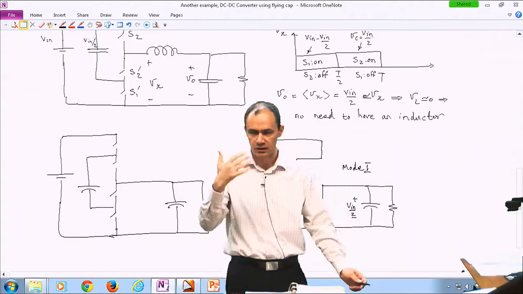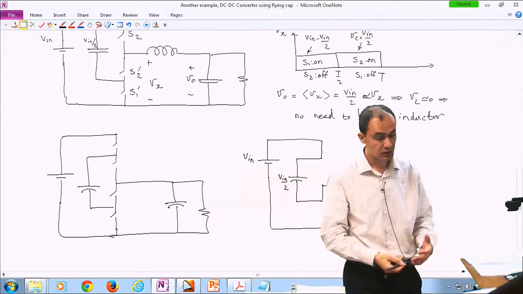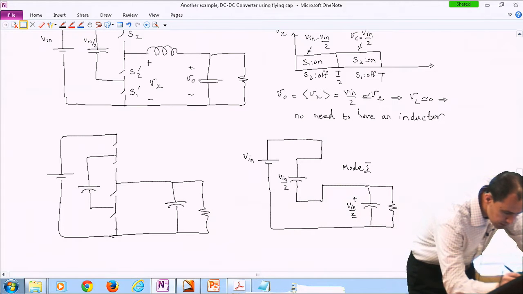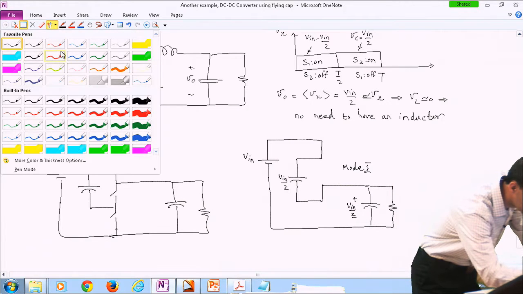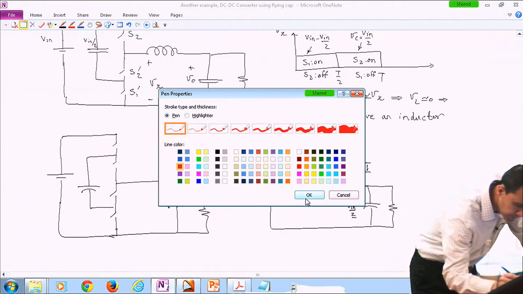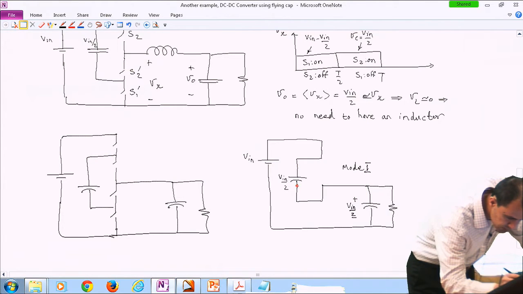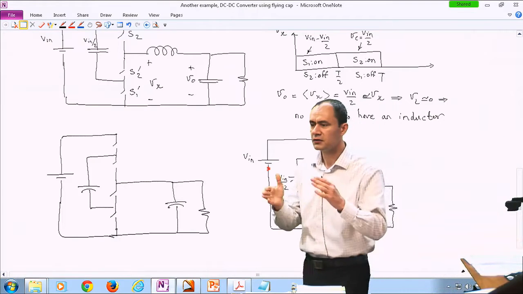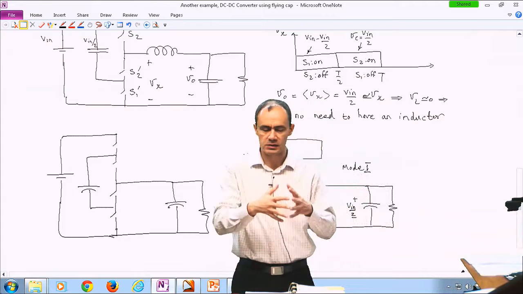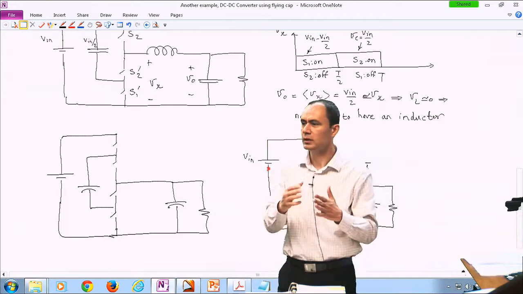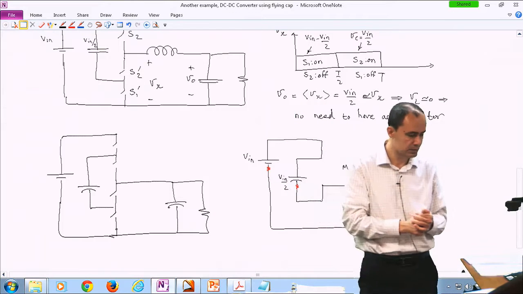That assumes the capacitor voltages are exactly at Vin over 2, but they are slightly higher and lower. So in that case, KVL will be violated. And don't worry about that because these capacitors all have internal resistances. There's a bit of a resistance here. There's a little bit of a resistance in the source. So the difference between the voltage of these capacitors and the source is going to appear on these little loop inductances, or basically loop impedances or resistances.